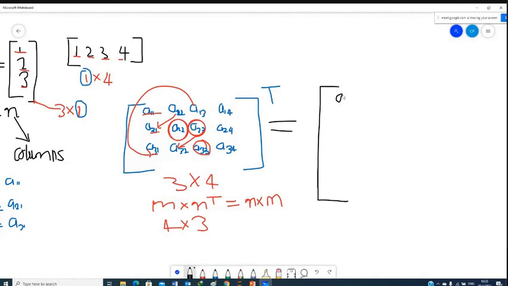So in this instance, it will be A11, and A12 comes here. And A13 comes here, and A14 comes here.